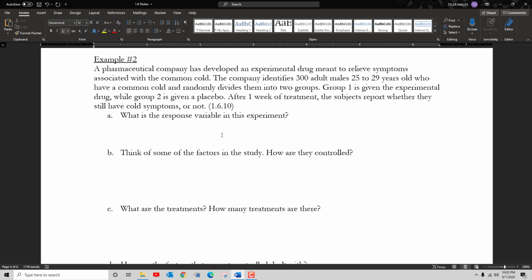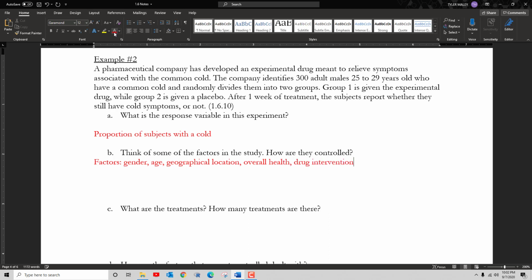Part A: the response variable would be the proportion of subjects with a cold. Next we want to think of some of the factors in the study. How are they controlled? Here are some factors that I thought of: it could be gender, age, geographical location, overall health, and drug intervention.